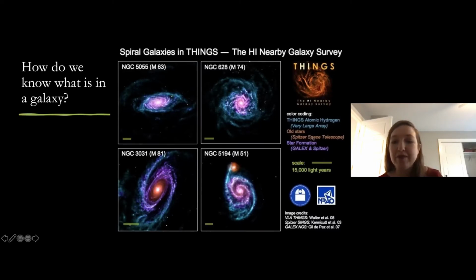So the old stars glow in red. These we observe in infrared wavelengths. So if you had an infrared camera, like night vision cameras, what we would see is the part of the galaxy that here is indicated in red, and that indicates old stars.